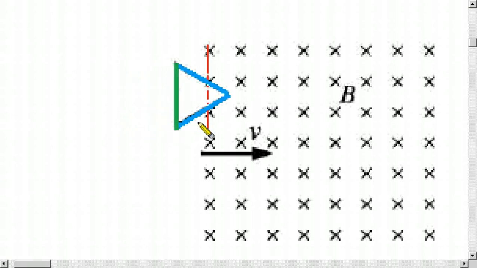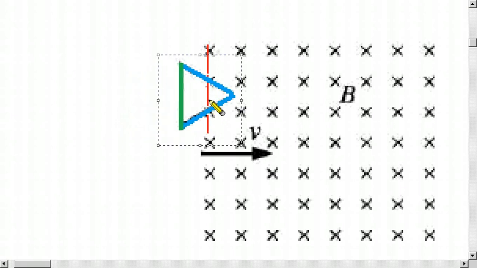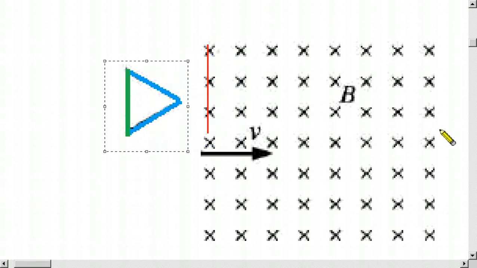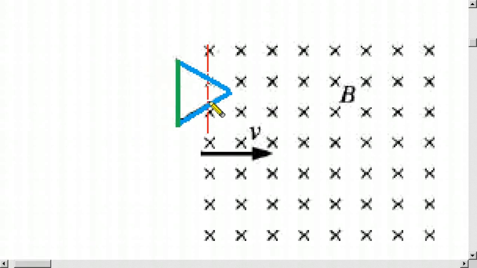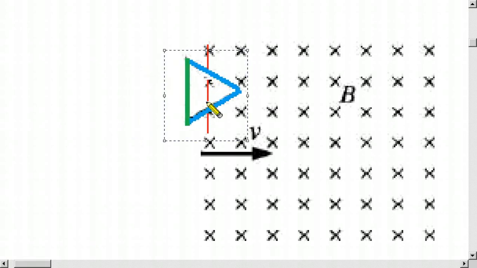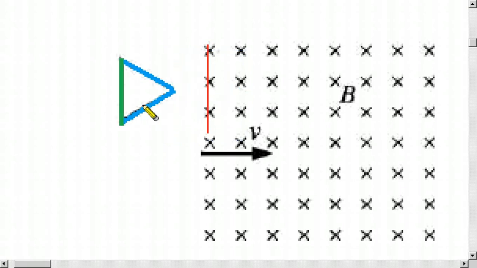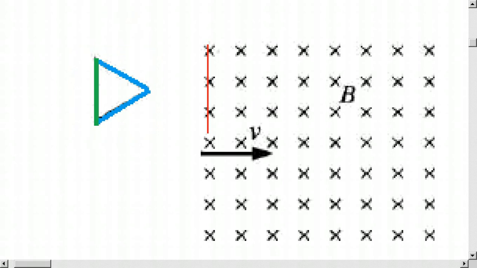Then the resultant length, or net length, we can say net length, is the part of the red line inside the triangle, you can see through the triangle.